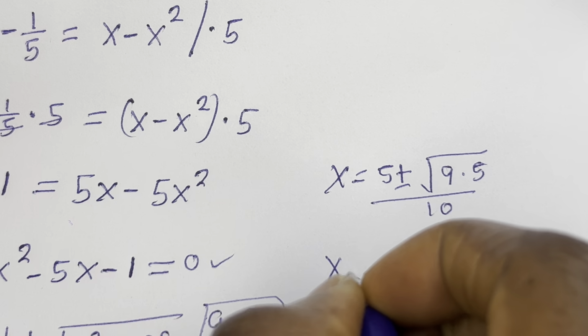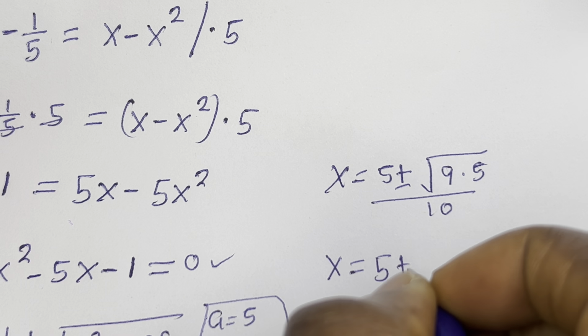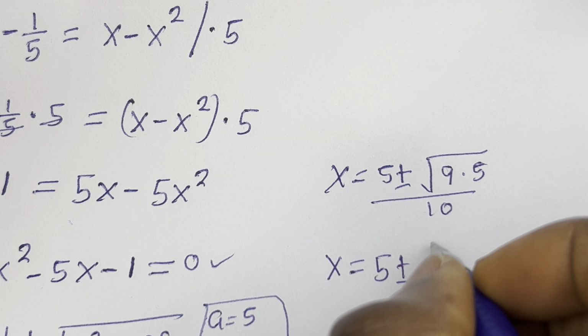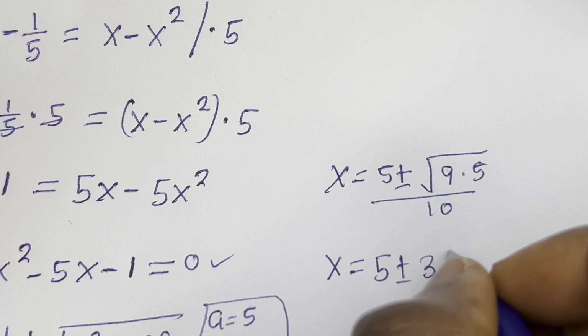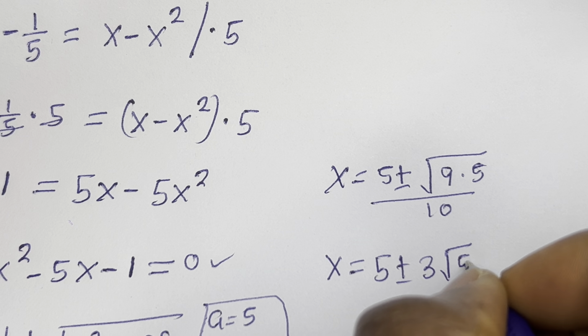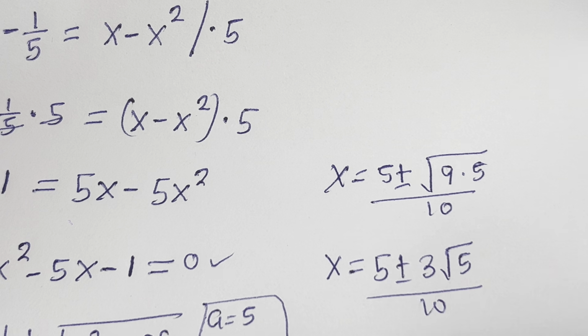Then s is equal to 5 plus or minus, then square root of 9, that is 3, then square root of 5 over 10.